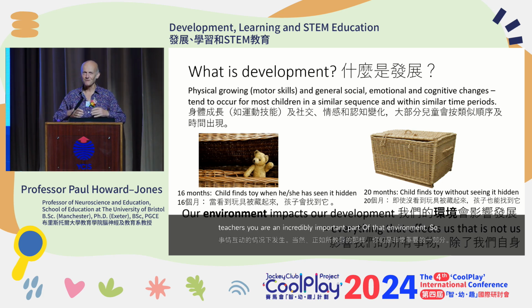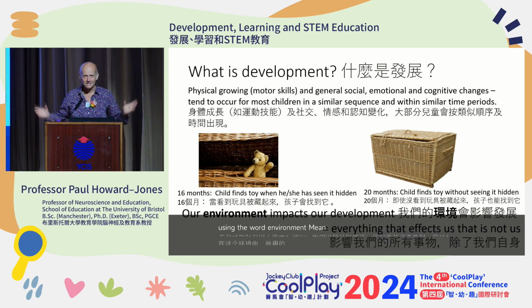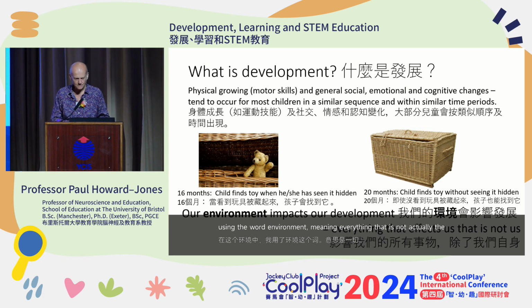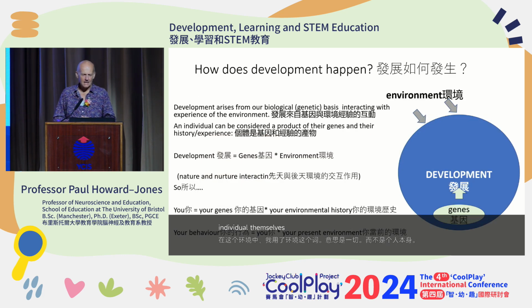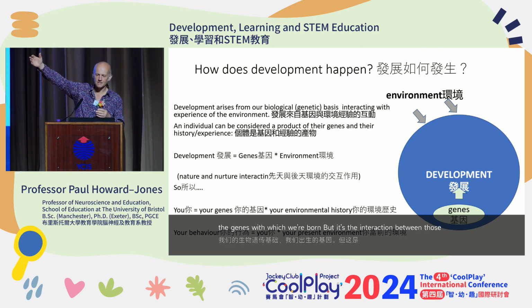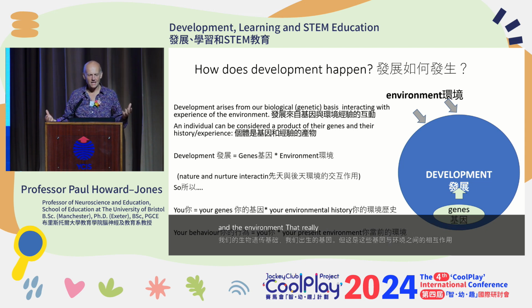So here I'm using the word environment, meaning everything that is not actually the individual themselves. So development arises from our biological genetic basis, yes, the genes with which we're born, but it's the interaction between those genes and the environment that really brings about the changes.